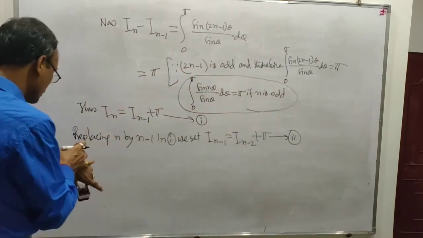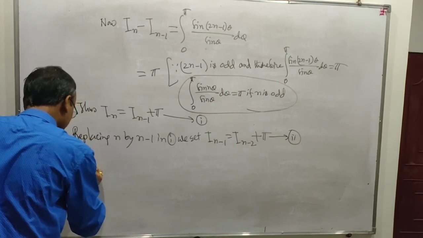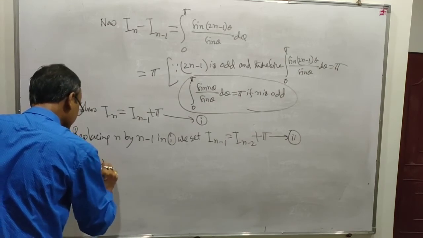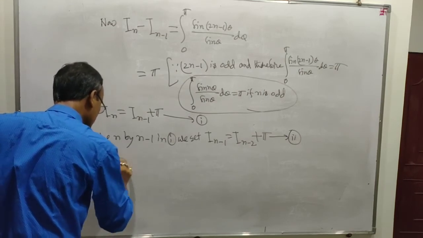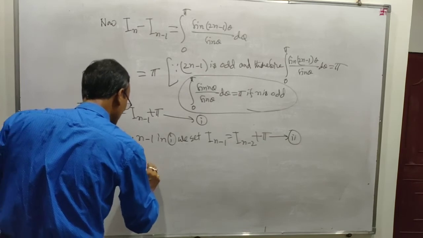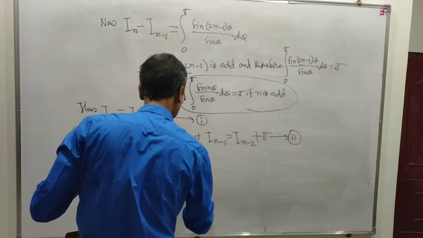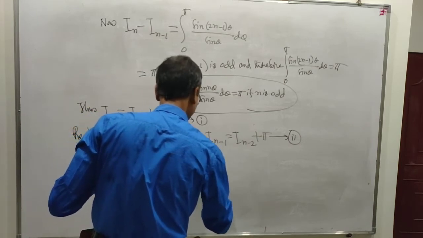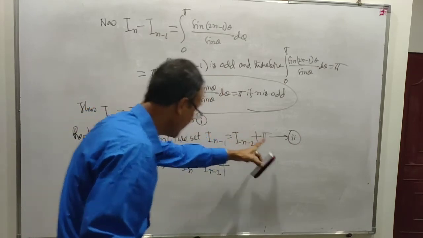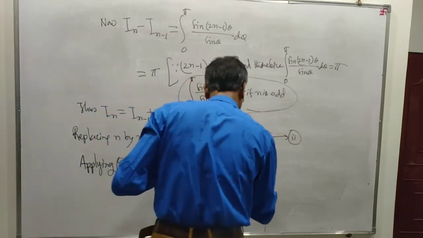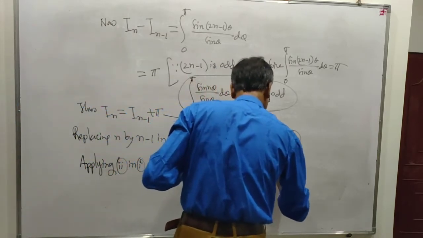Applying 2 in 1, we get I n equal to I n minus 2 plus pi and another pi. It will be twice pi. Suppose it is number 3.